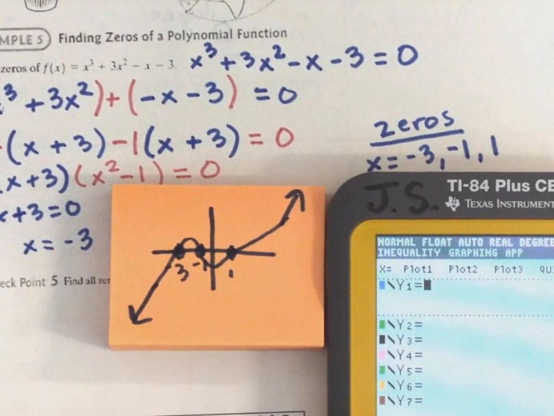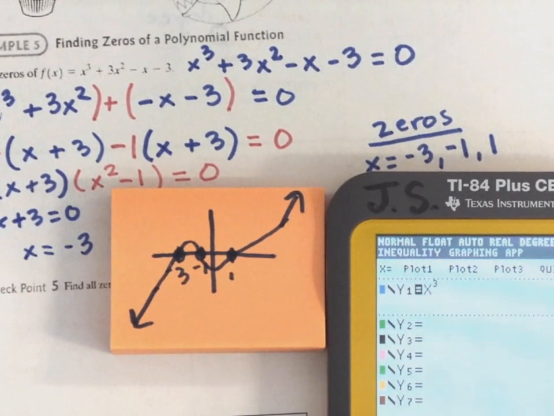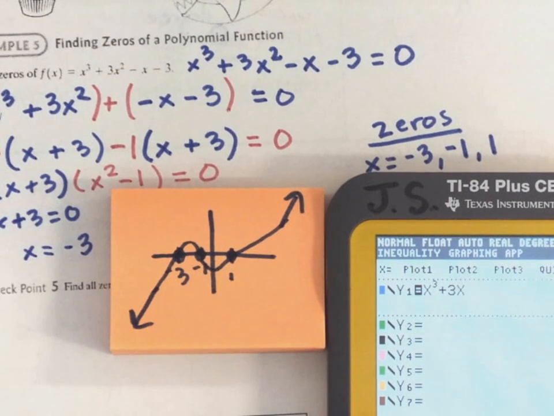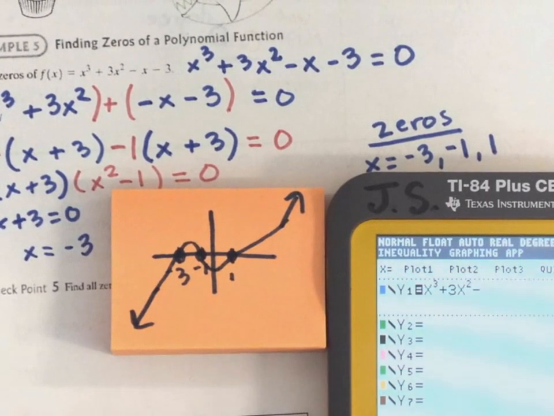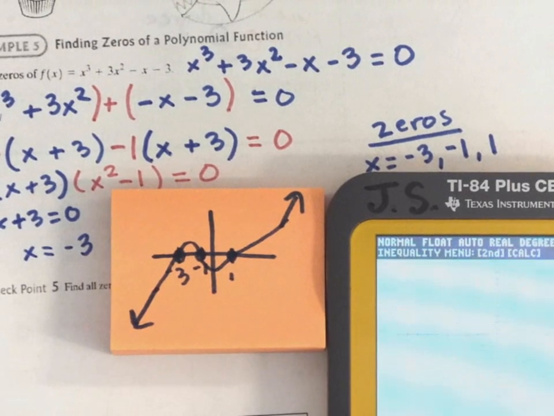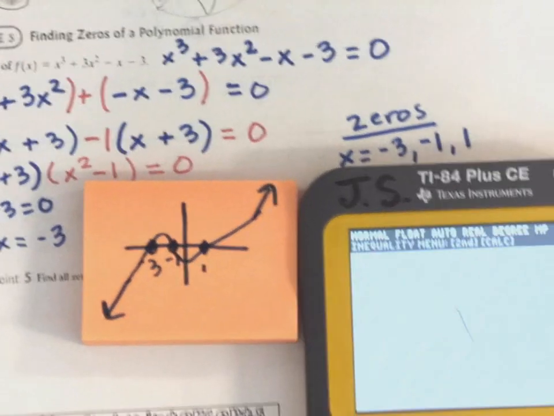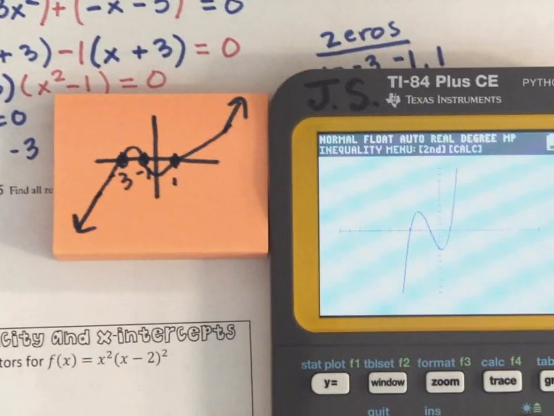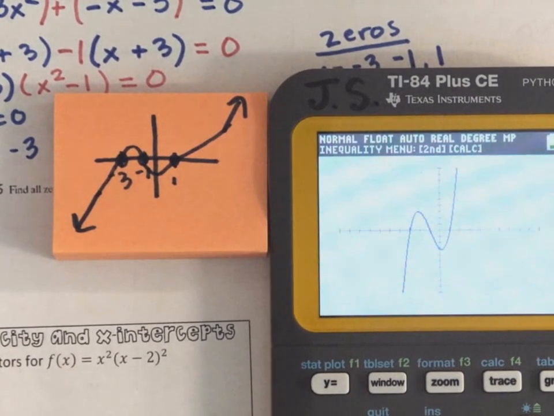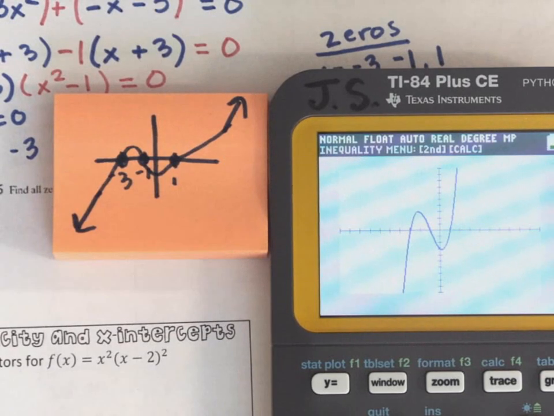Let's see, we got x cubed plus 3x squared minus x minus 3. Ooh, that was loud. Man, I'm not too far off from a graph by hand. That's not too far off.